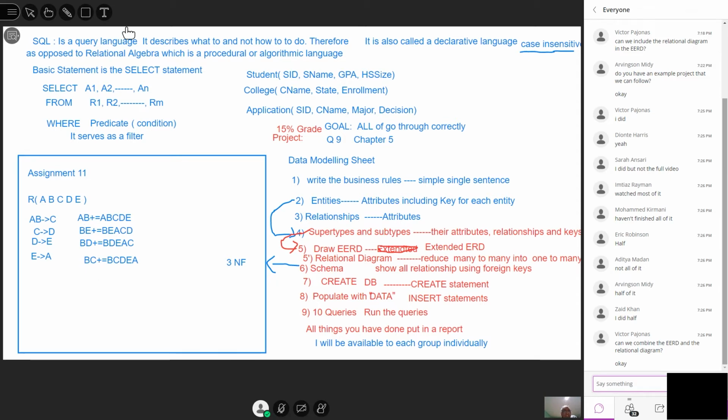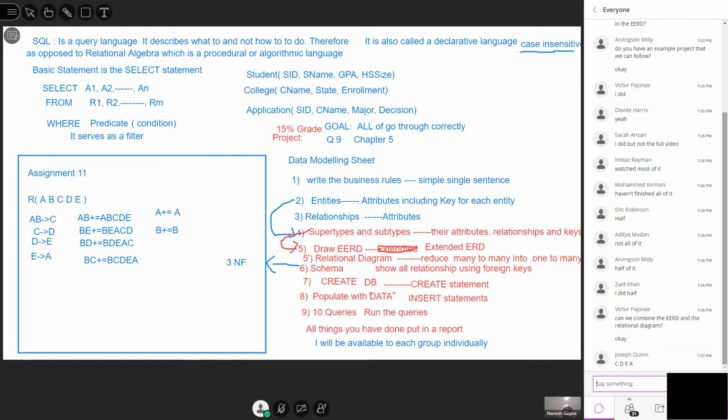It's very easy to show, because we can check the closure of each attribute. What's the closure of A? A, that's it. The closure of B? B, nothing else. The closure of C? C and D and E and A, but we didn't get B. The closure of D?